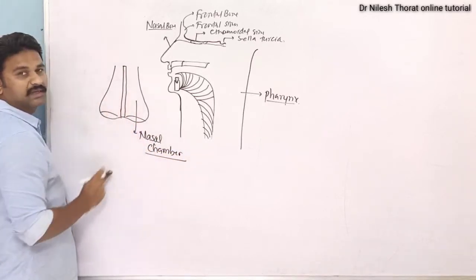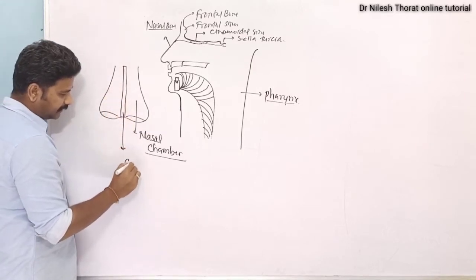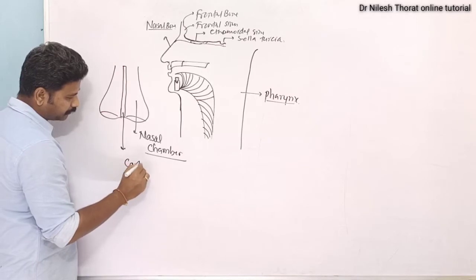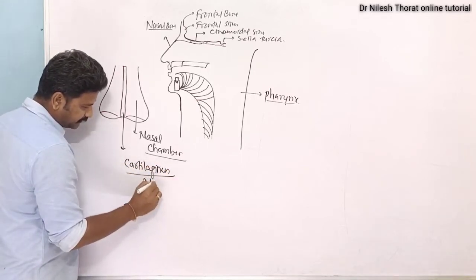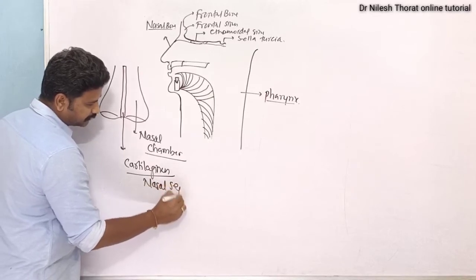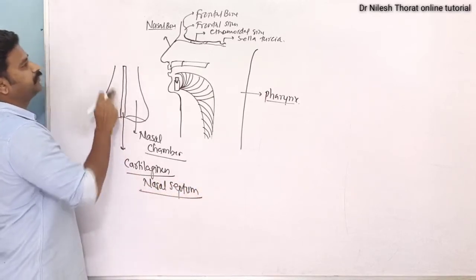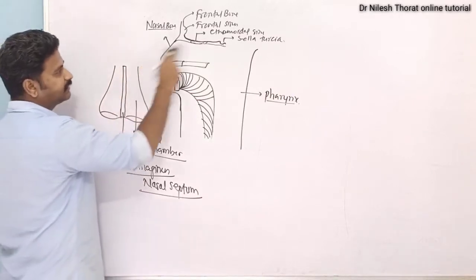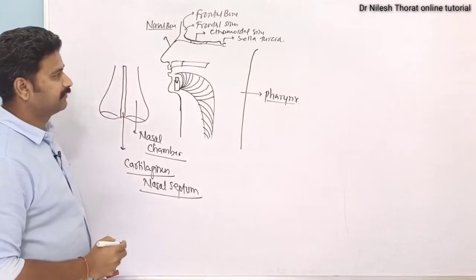So these are the two nasal chambers which are separated by a cartilaginous septum, the nasal septum. This nasal septum will continue inside the nasal cavity. So this much part is called as nasal cavity.